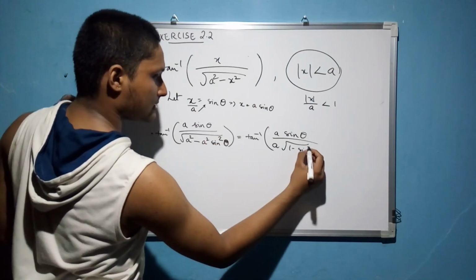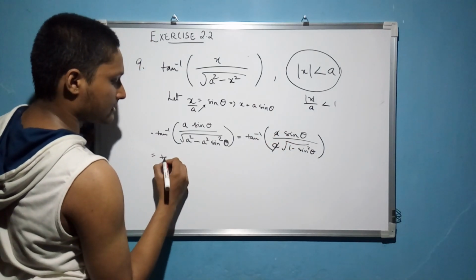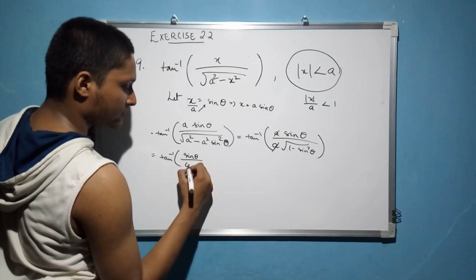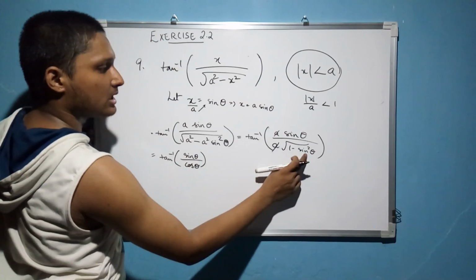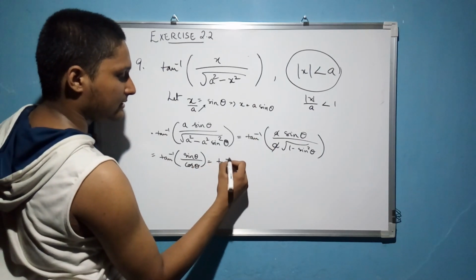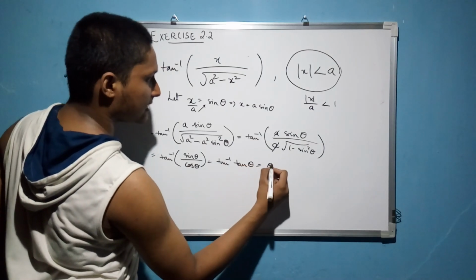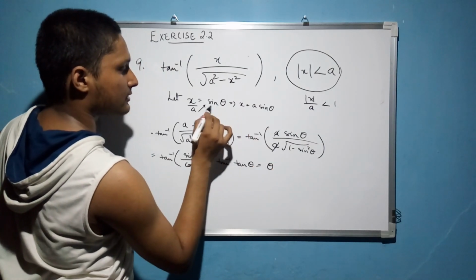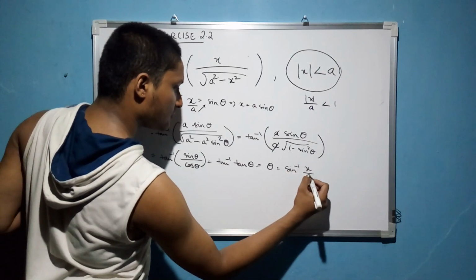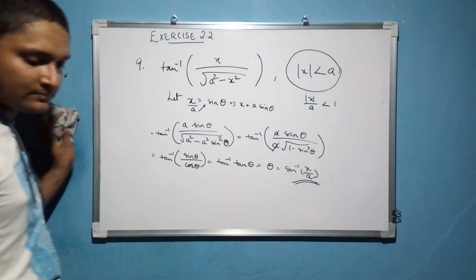So 1 minus sine square theta. A and a are going to get cancelled. So you're going to get tan inverse sine theta divided by cos theta, that is root of 1 minus sine square theta. That is tan inverse tan theta. What is theta now? Theta was sine inverse x by a. Okay, this is the required term.